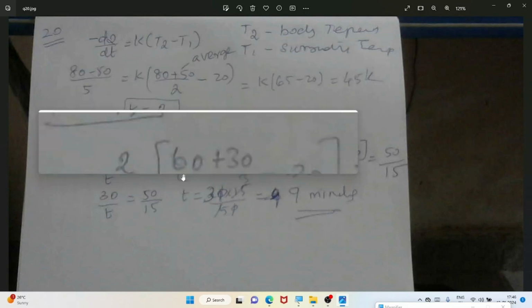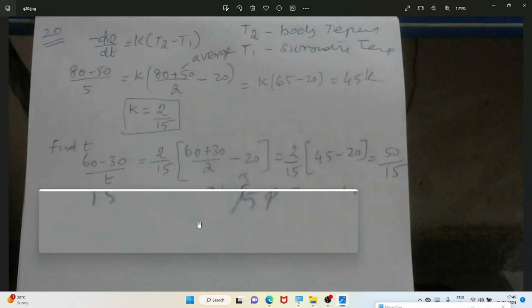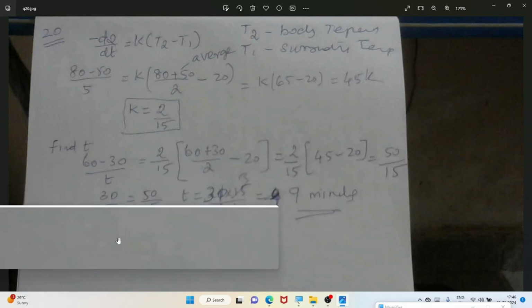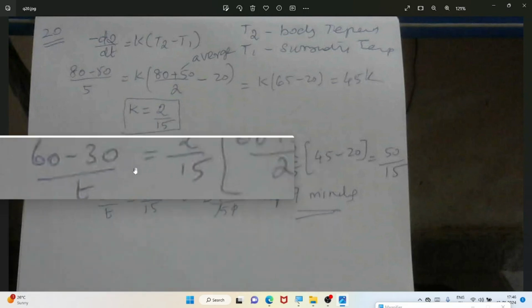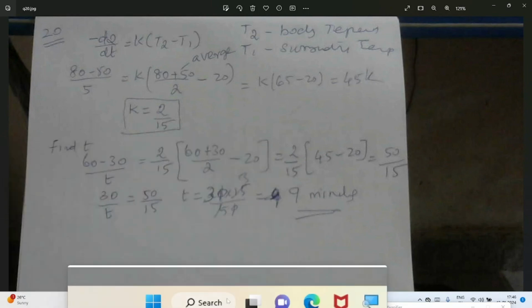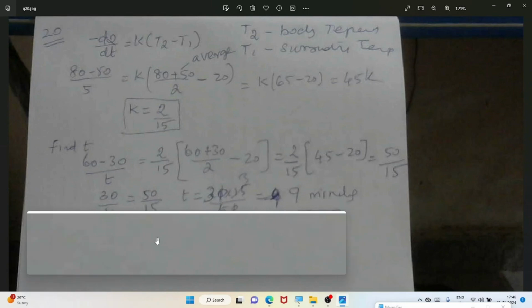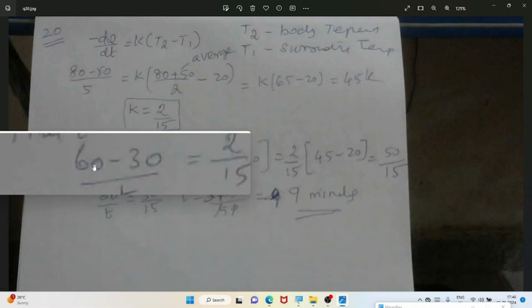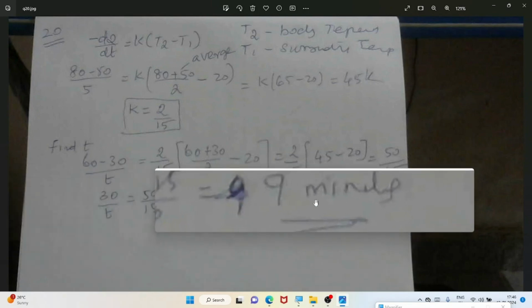This is the outside temperature. Now first you find the K, the cooling constant. Then using K, we find out the time. From 60 to 30 degrees, this much, 9 minutes, it will take.